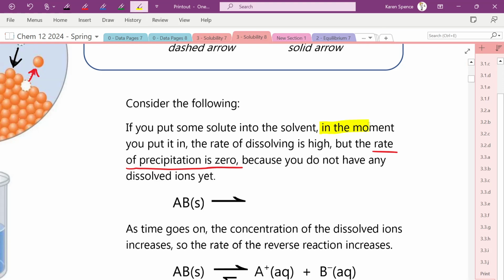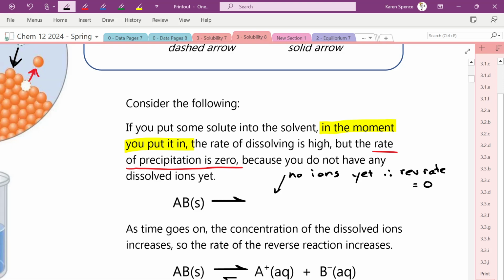So that is in the moment you put that solute into the solvent. Dissolving is high, but you got no ions yet. Therefore, the reverse rate is equal to 0.